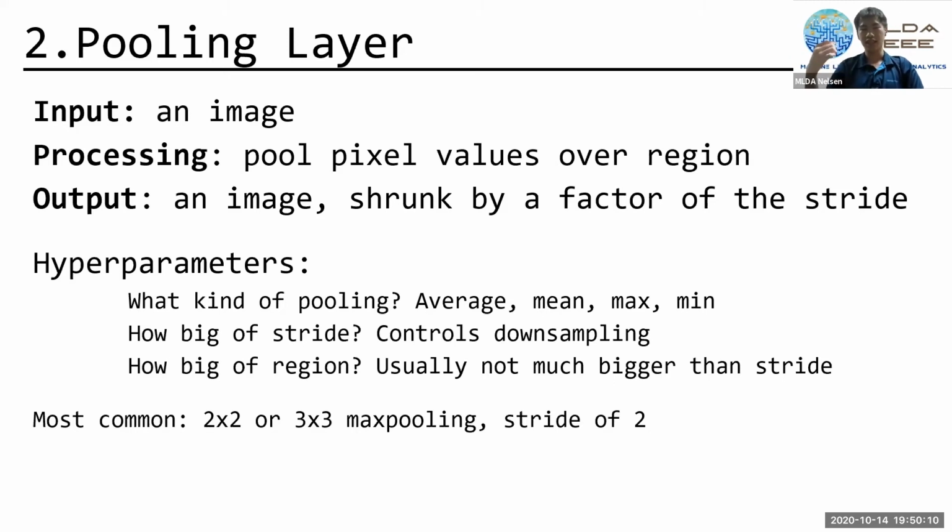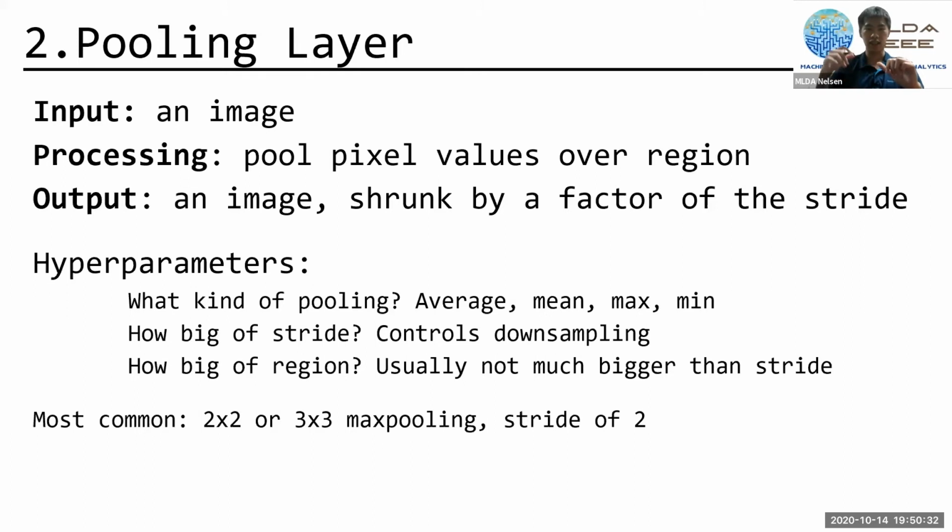So the idea is that each time we do pooling layers, we try to shrink it, but we don't want to shrink the size. Remember the shape: we try to shrink the number of channels, but in terms of the size, we try not to do that. And to do this, we use pooling layers.